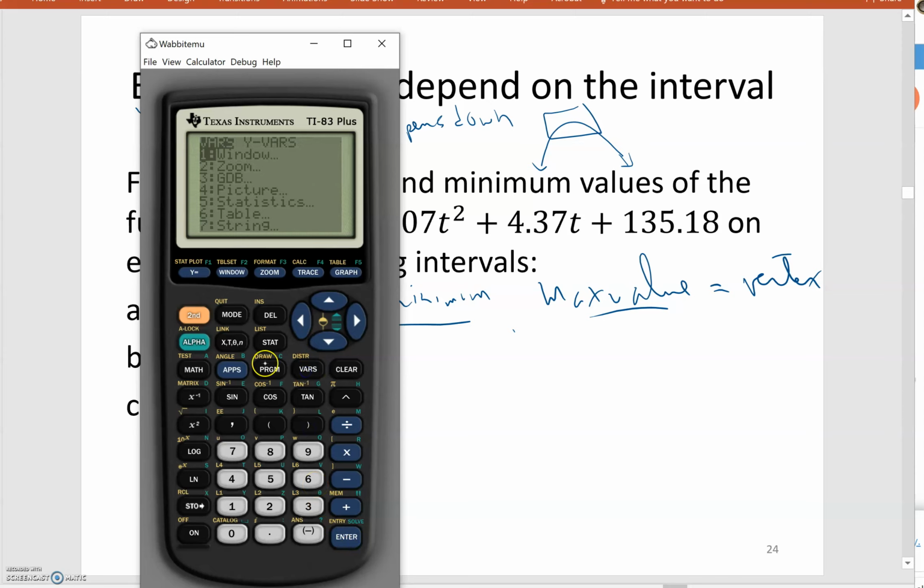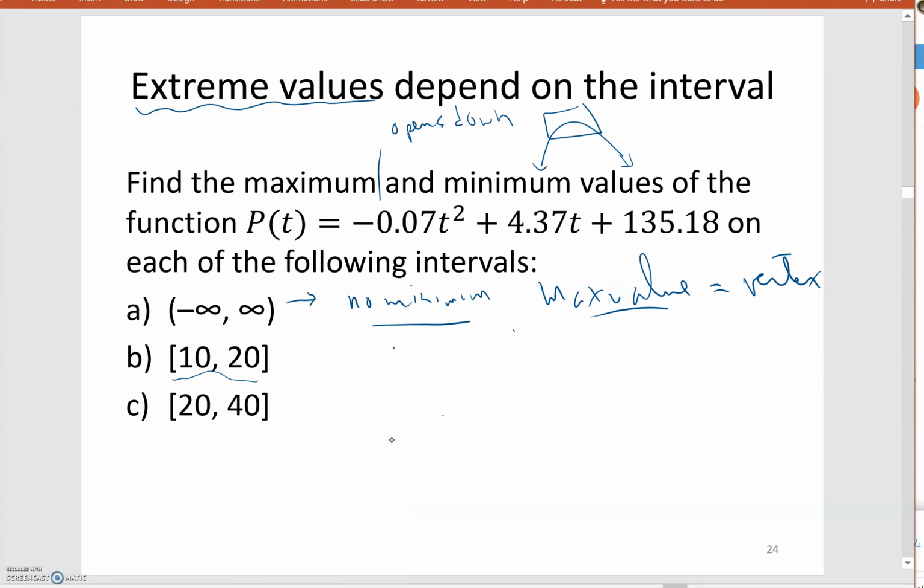And my maximum, again from the graph, is just going to be the value of the function at the rightmost x value, which is 20. And so that will be the function evaluated at 20. And that's going to be my maximum, 194.58.